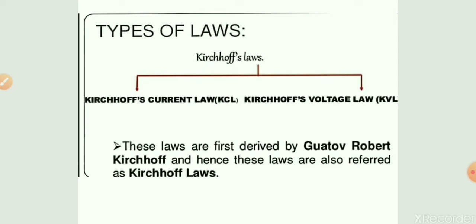Kirchhoff has two laws: first KCL, Kirchhoff's current law, and KVL, Kirchhoff's voltage law. These laws were first derived by Gustav Kirchhoff, and hence these two are also referred to as Kirchhoff's laws.